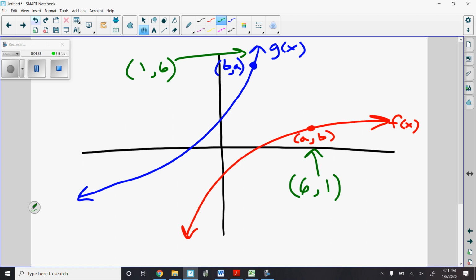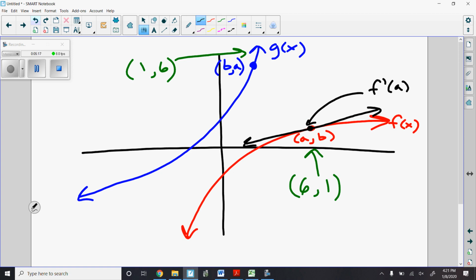For example, I'm going to draw in a tangent line. Let's say I find f prime of a here. Here's my tangent line slope. F prime of A would be the slope of that line.